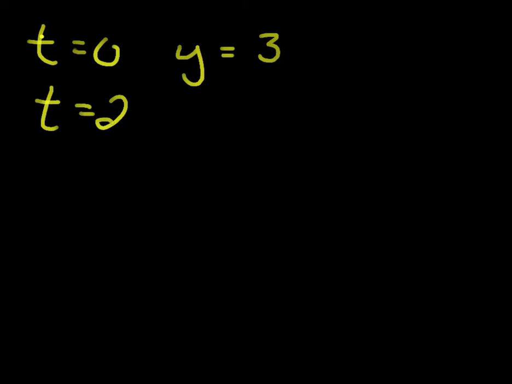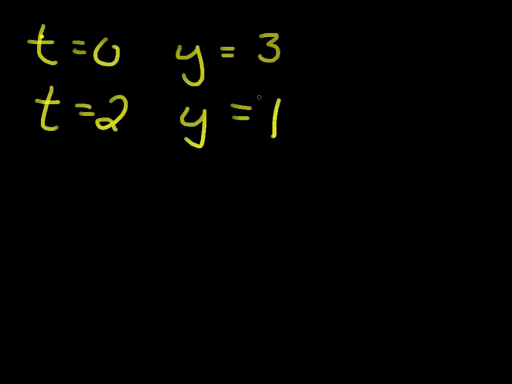So for instance, let's say that we have some particle, and when time is 0, its position is 3. And then we let some time go by, maybe 2 seconds later, time equals 2, and the new y position is 1.